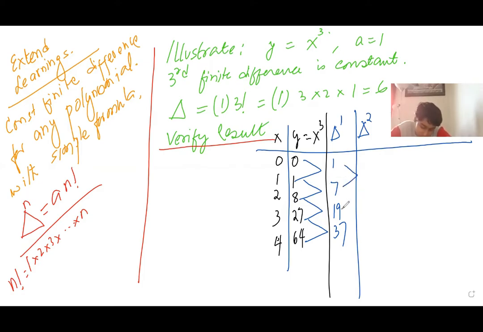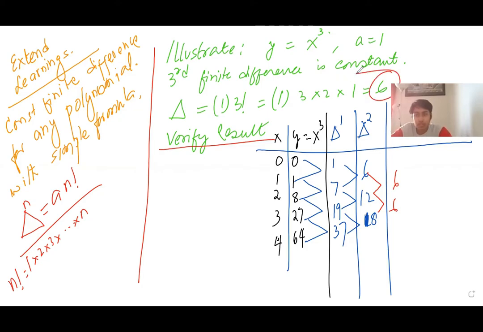What would you get? 6, 12, and 18. Then 6 and 6. So the third difference, I got 6, sir.